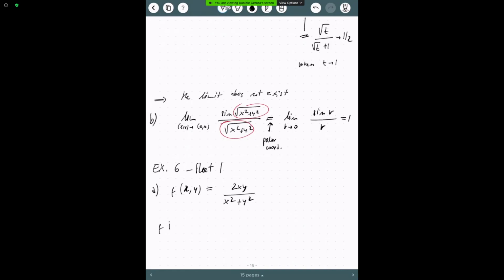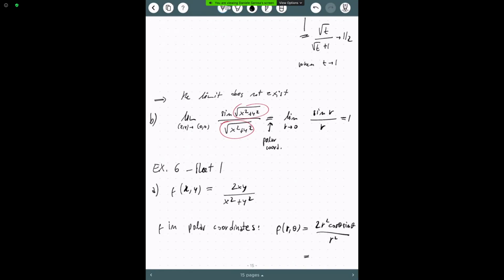So f in polar coordinates: f of r, theta is equal to 2 times r squared times cosine theta sine theta, divided by r squared.